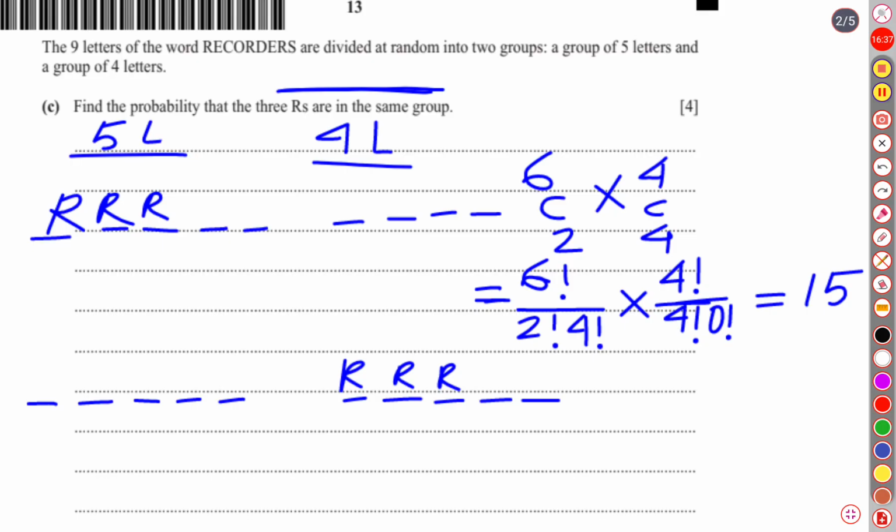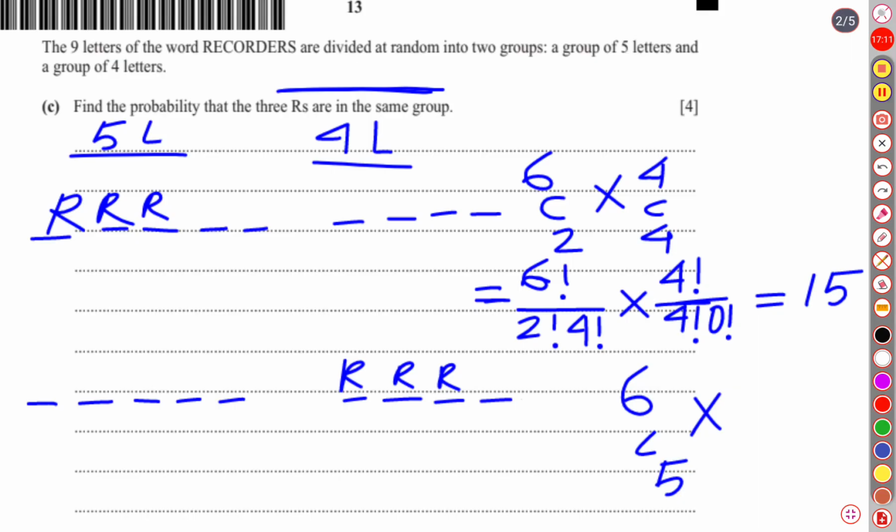So total there are remaining 6. We will choose 5 from 6, isn't it? 3 goes away, so there remains 6. Out of 6 we will choose 5. 6 choose 5, into, sorry, it should be 4 letters, but by mistake I have written 5 spaces. Okay, now for the second group, 1 letter is to be chosen.